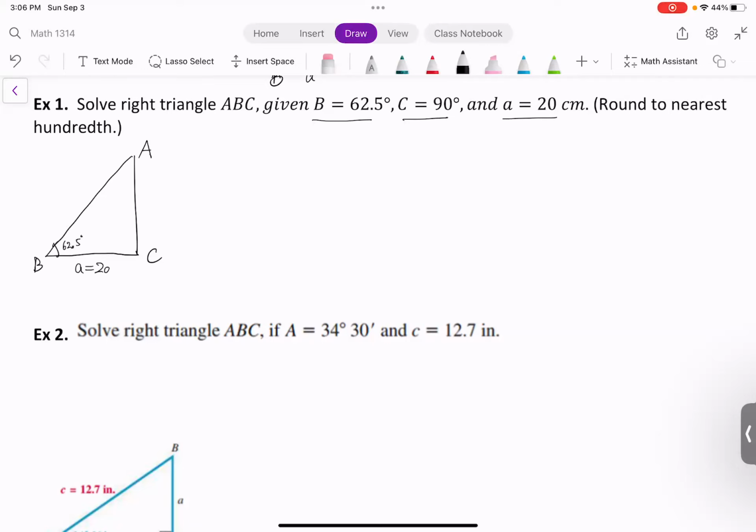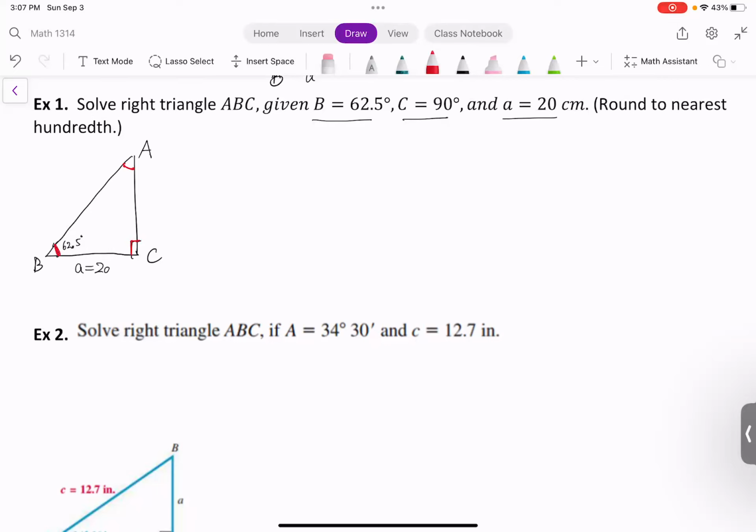So by the given information, can you find the angle A? Yes, we do, because angle A plus angle B plus angle C is 180 degrees. And so angle B plus angle A is 90 degrees, because 180 subtract the angle C, that's 90.